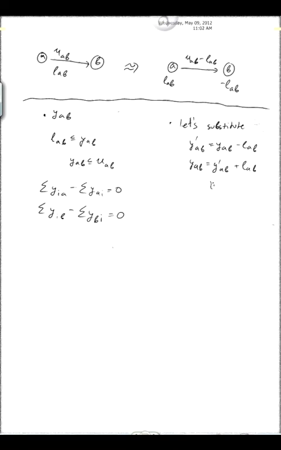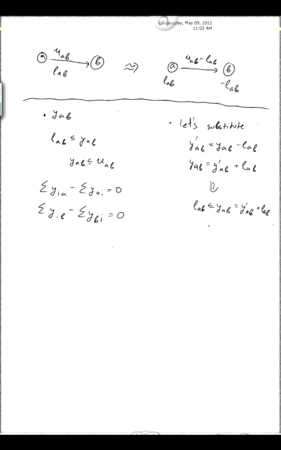Let's see what happens when we substitute this new variable into the constraints for the old variable. First the lower bound: the lower bound has to be less than or equal to yab, but yab is equal to y prime ab plus the lower bound.